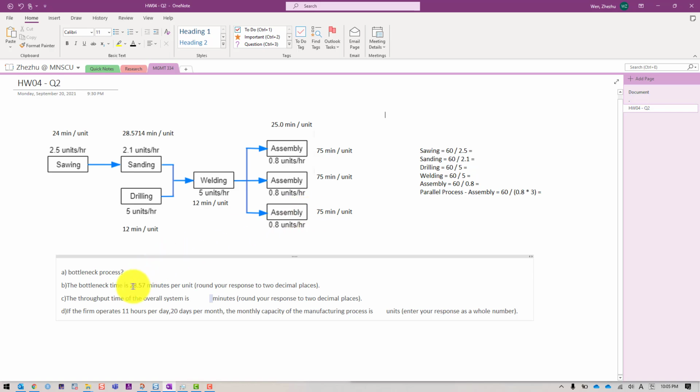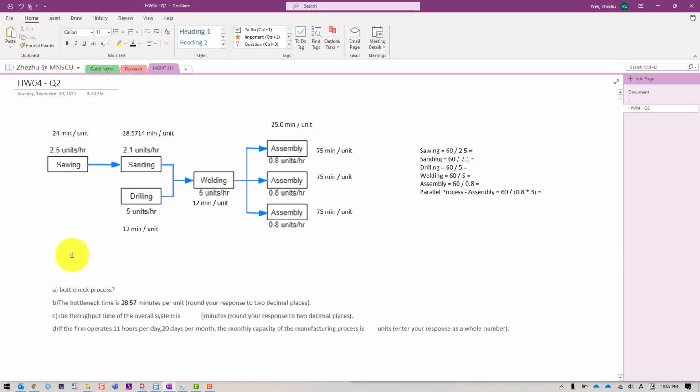Okay, so if you think about the throughput time, it's the amount of time that the raw parts are going through this entire process. If you are dealing with a concurrent process, the longest process time will determine the process time in that concurrent process. So here, let me do the calculation. Throughput time is equal to 24 minutes, 28.57.